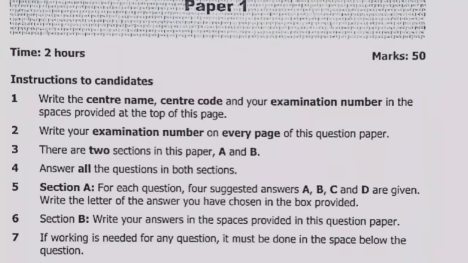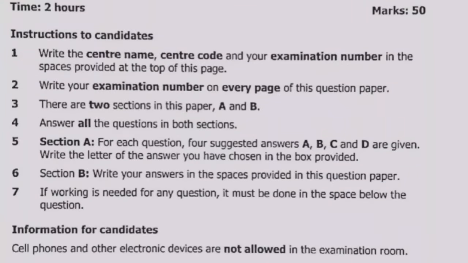Number 2 is write your examination number on every page of this question paper. As usual, like what we do in the answer book, you write your exam number on every page of this question paper.